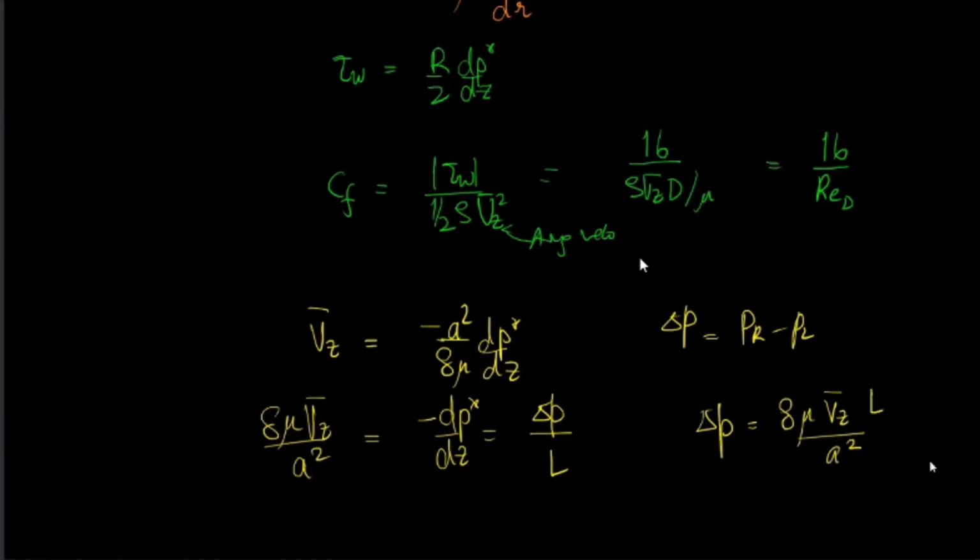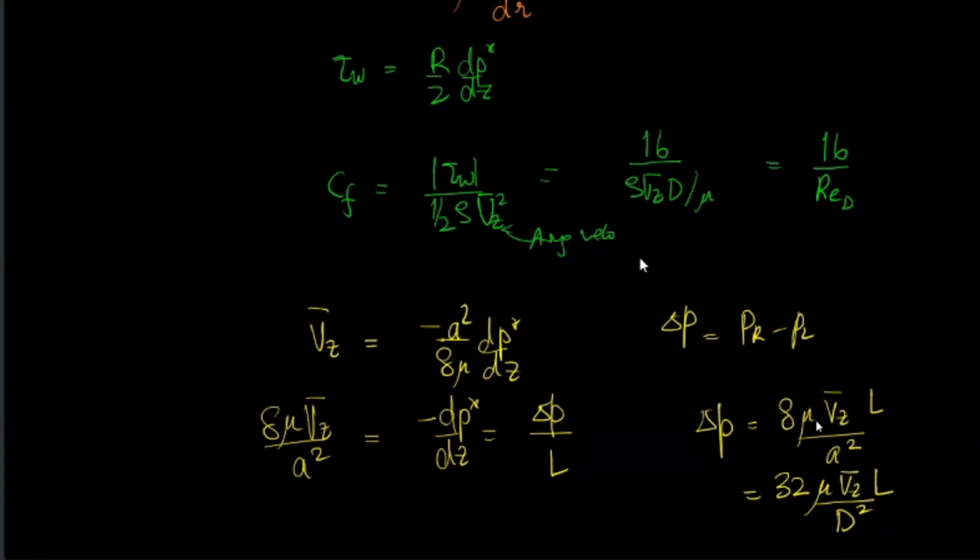And if I want to write it in terms of the diameter, I multiply by 4. So this becomes 32 mu Vz bar L upon D square. So this is the pressure drop along the tube for a length equal to L.